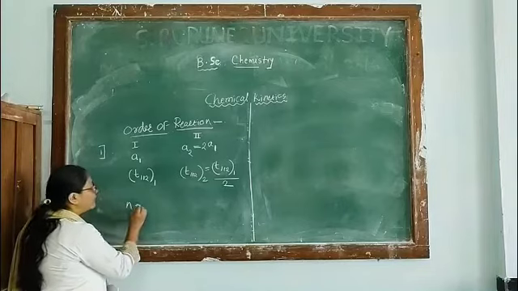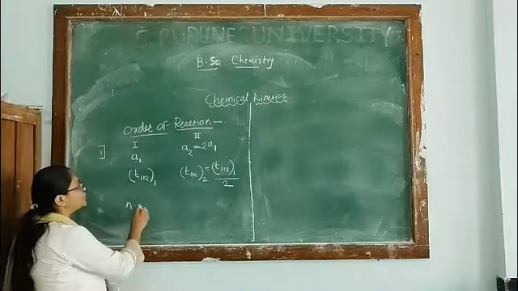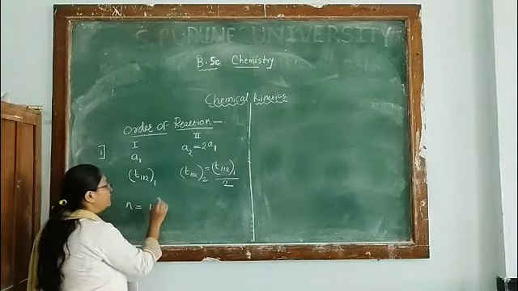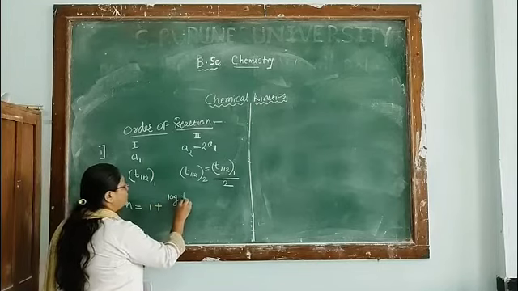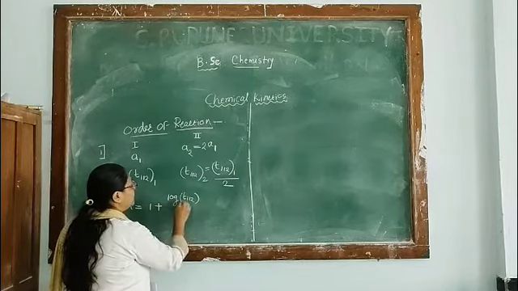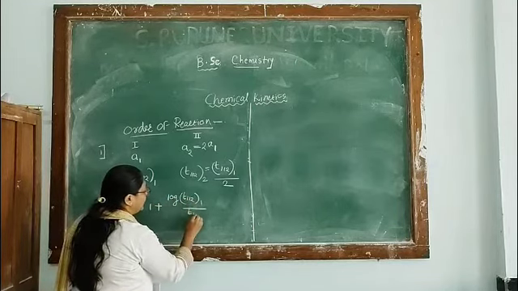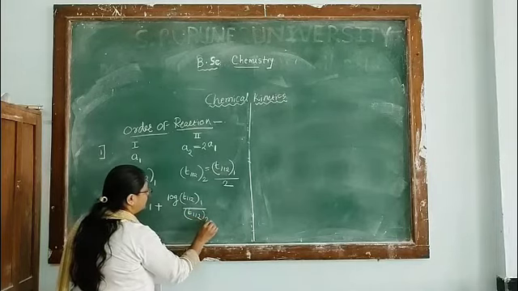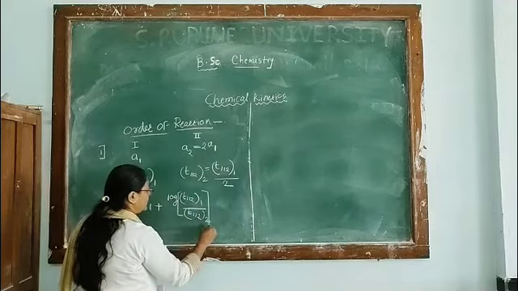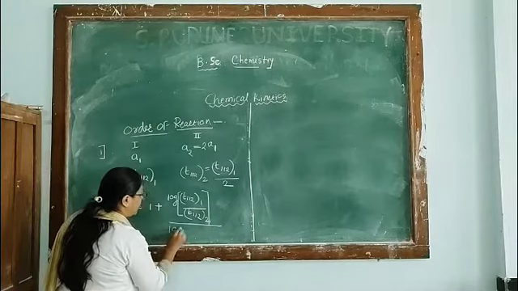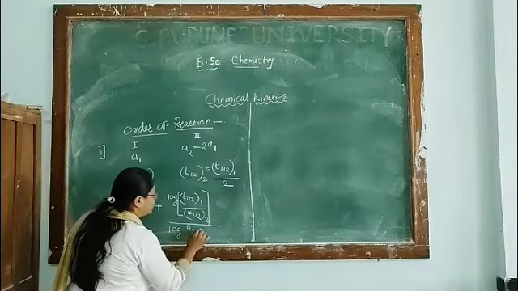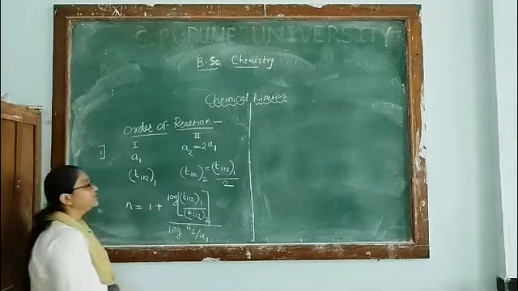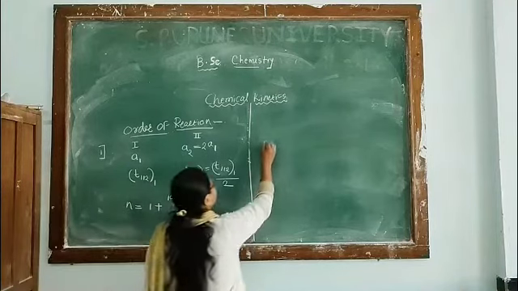Now the formula to determine the order of reaction from the T halves is n equals 1 plus log of T half 1 divided by T half 2, divided by log of A2 divided by A1. This is the formula. Therefore, let's substitute the values.